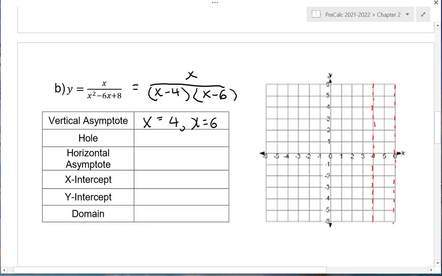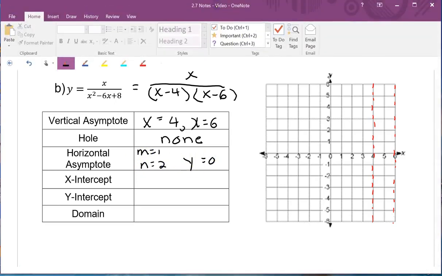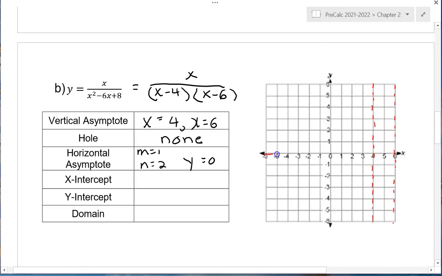Next thing, holes. Holes happen where we have things canceling out. Nothing does that, so I don't have any holes. Horizontal asymptote, the degree of my numerator equals 1, denominator equals 2, so therefore I have a horizontal asymptote at y equals 0. So I'm just going to sketch that in.